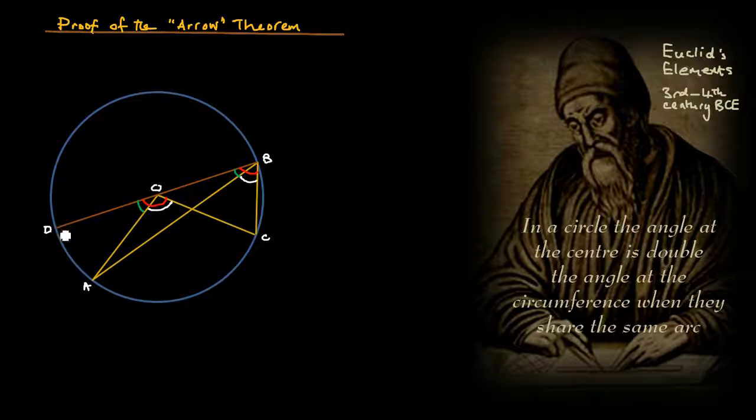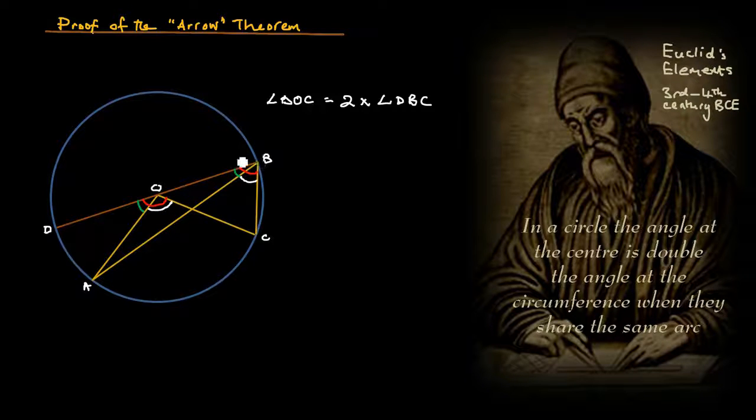So again, we need to start with the red angle, and so we're going to say angle DOC is twice the other red angle here, the other angle which is DBC. So angle DBC. And to make this proof easier, again using a little bit of algebra helps enormously.